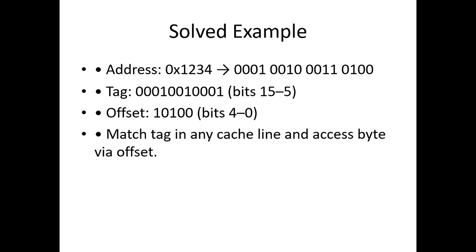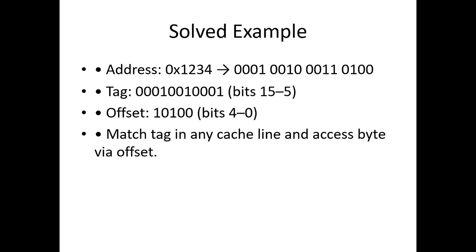For a memory address like 0x1234, we can extract that the tag will be from bit 15 to bit 5, and the offset will be from bit 4 to 0. So if the address is 0001 0010 0011 0100, the tag is bits 15 to 5, which is 00010010001, and the offset is 10100.